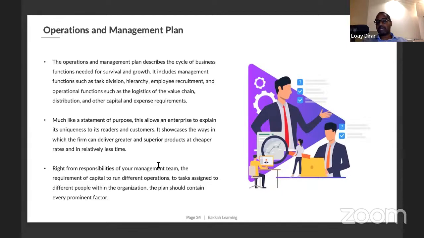It showcases the ways in which the firm can deliver a great and superior product at cheaper rates and in relatively less time, but it doesn't necessarily have to be cheaper. Sometimes cheaper is not convincing, but this is the most common way that customers look for low costs nowadays. But it's not necessarily that you're going to come up with a cheap product, because there are still customers who buy luxury items.